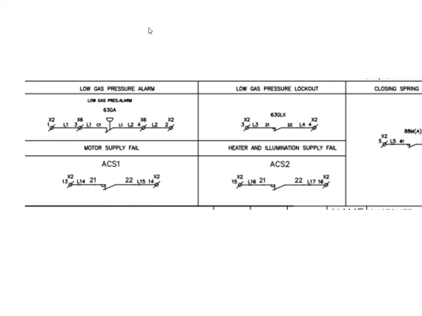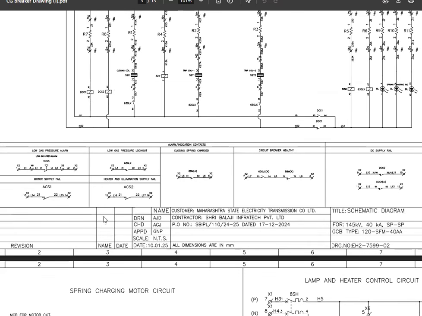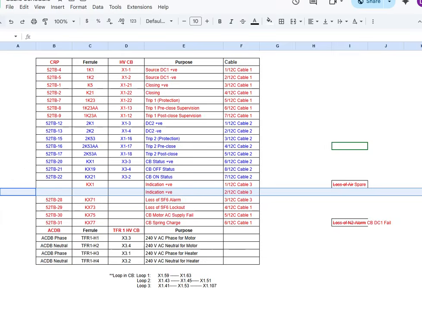Indication positive will go to X2-1. Then we'll first do the looping here. Indication positive will go to X2-1 dash also, and looping will be done to X2-3.